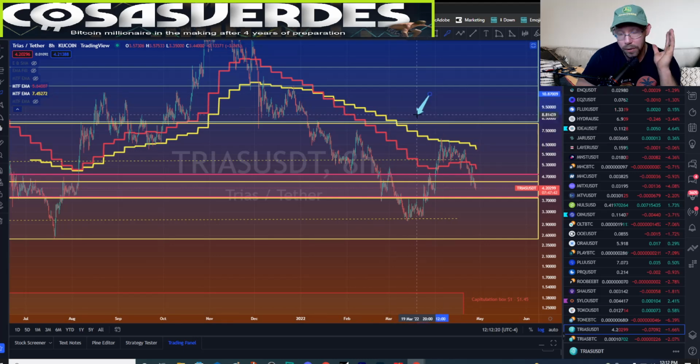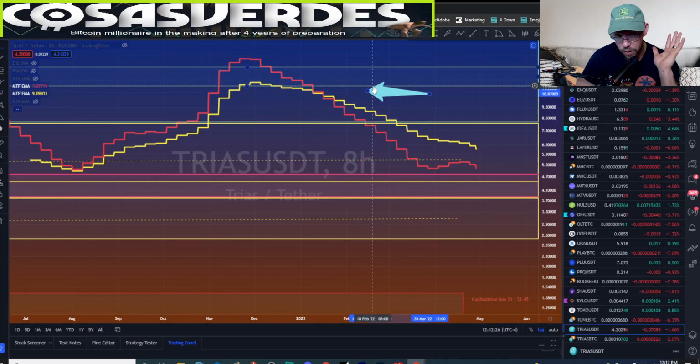So again, remember, I don't know which coin I said, but remember when I took off price like 5 minutes ago in the stream, and I said typically after red goes below yellow, which are the weekly EMAs, okay, these are the most powerful crosses in all of crypto.